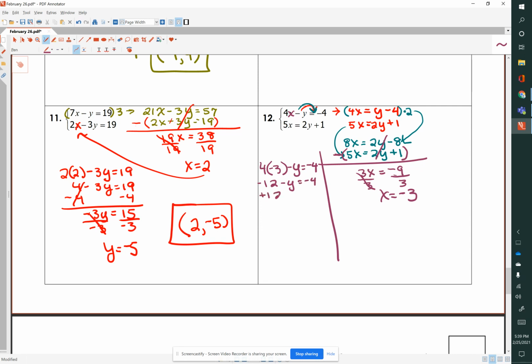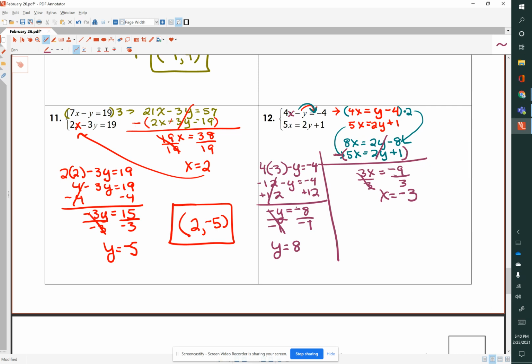I'll add 12 to both sides of the equation. Now remember, when you have negative y, it's not isolated. We're going to have to divide by negative 1 at the end. So negative 4 plus 12 is negative 8. And then I divide by negative 1.